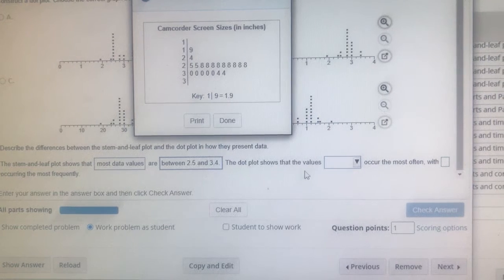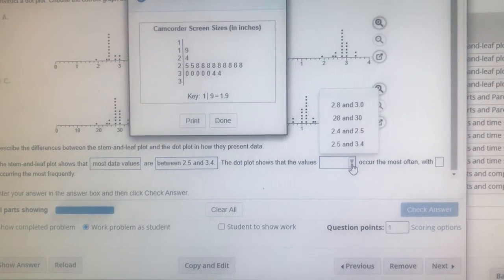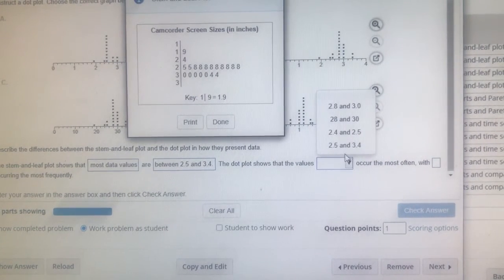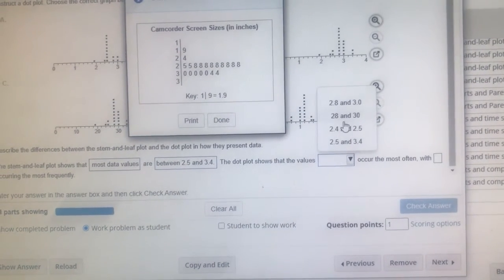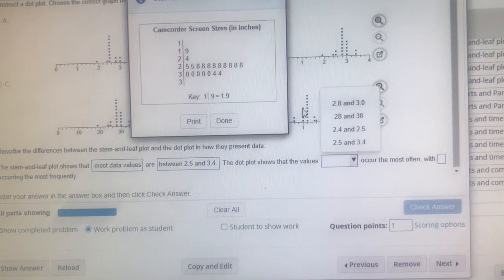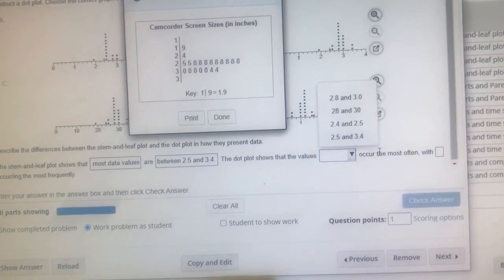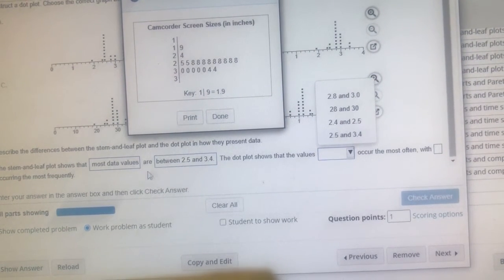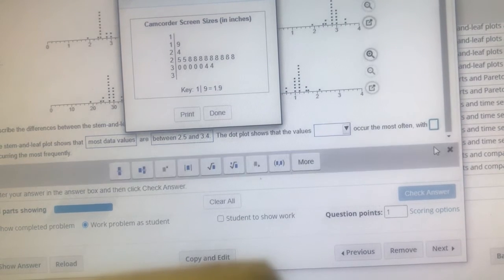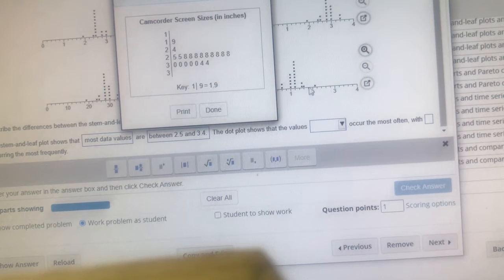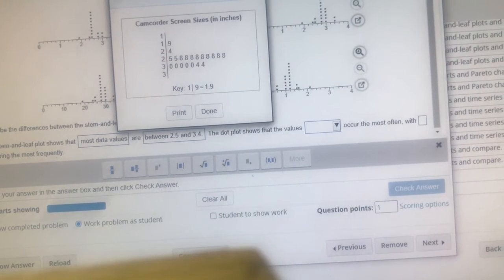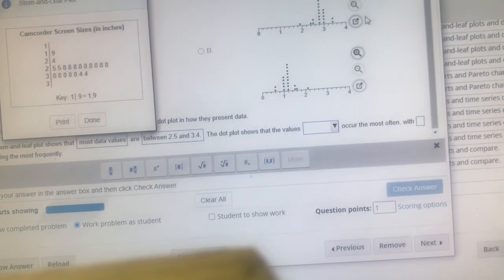The dot plot shows that the values occur the most often with, okay, we said this was our stem and leaf plot.